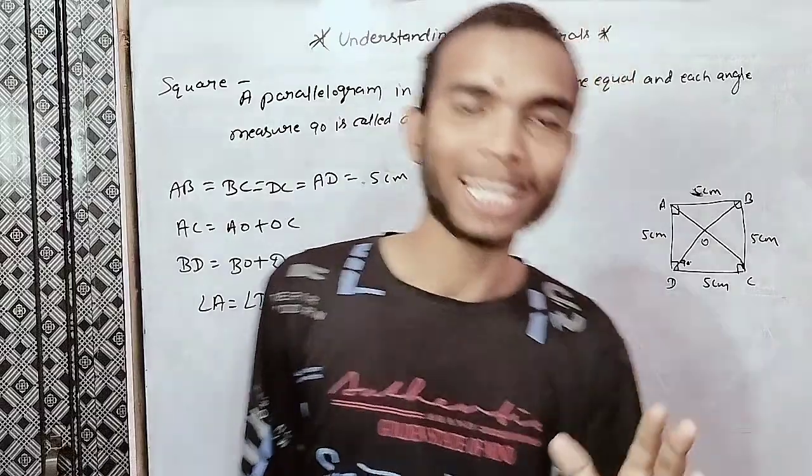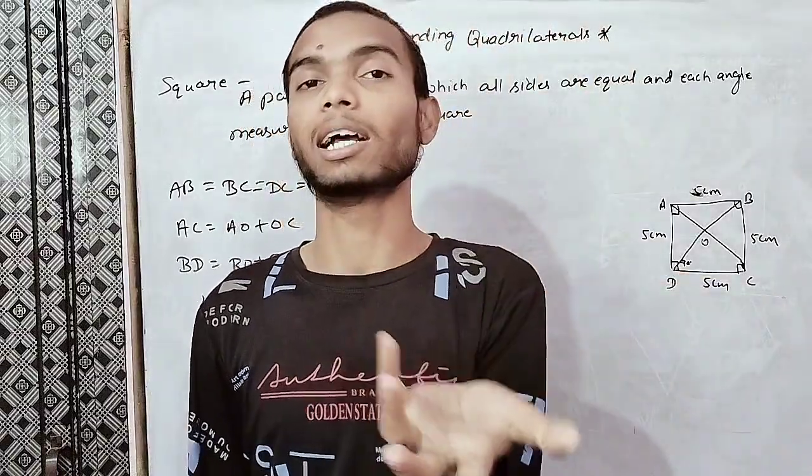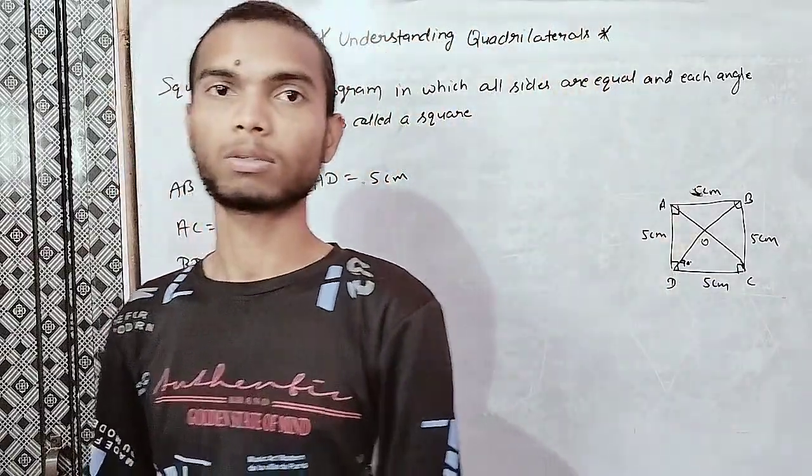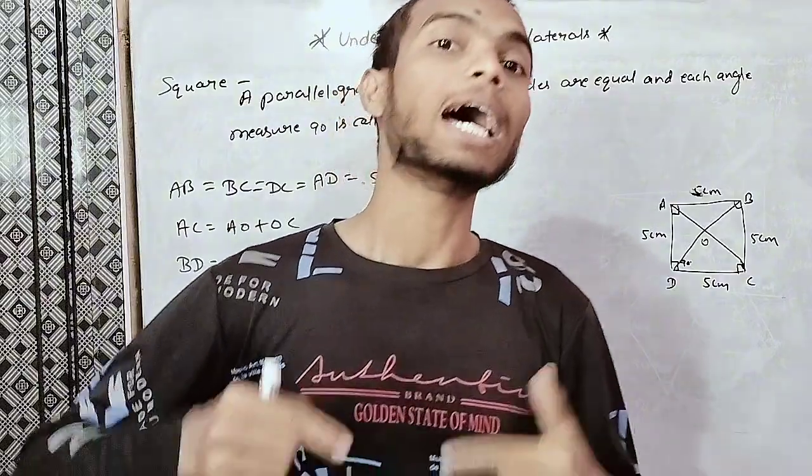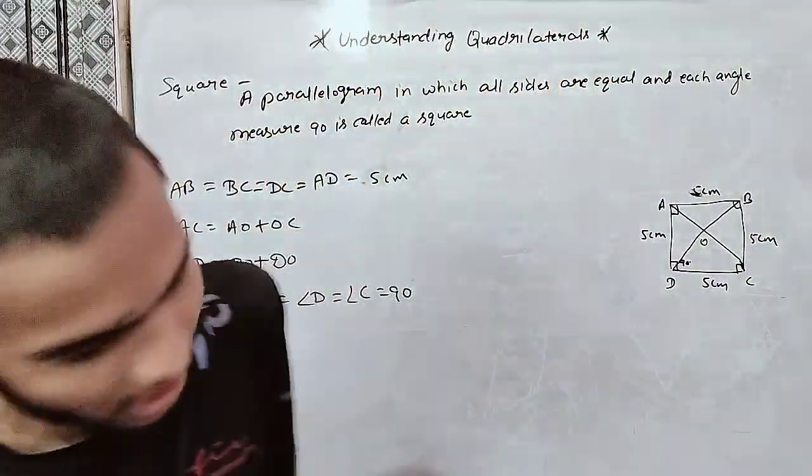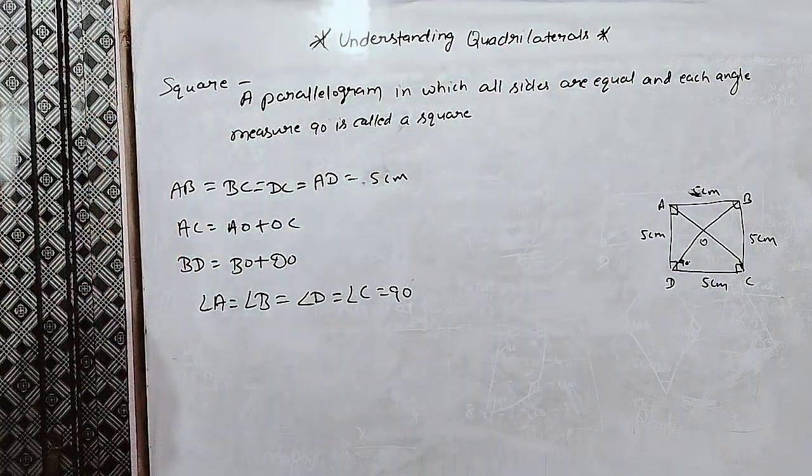Each interior angle of a square polygon is 90 degrees.